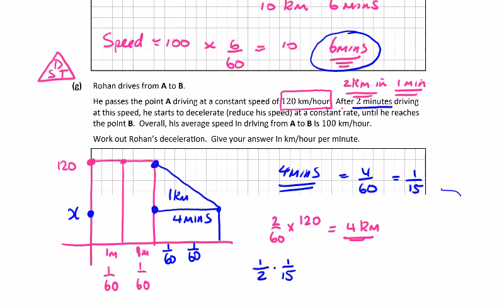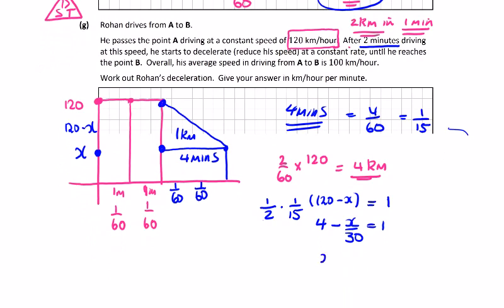Now if X is 90, it's 30 in between, so 120 minus X, by 120 minus X, is equal to the 1 kilometer covered. So 120 over 30 minus X over 30 is equal to 1. So bringing X over 30 to the right to make it positive would be 4 minus 1, 3. So X is equal to 90, so that's what speed he slows down to. 120 down to 90.